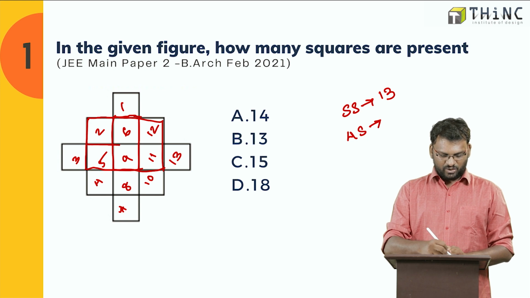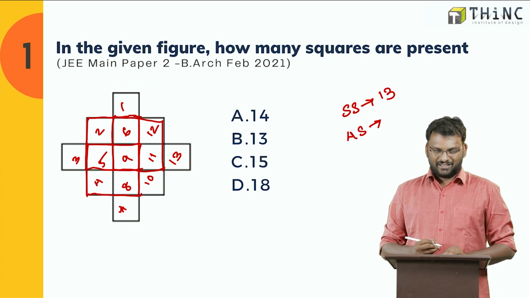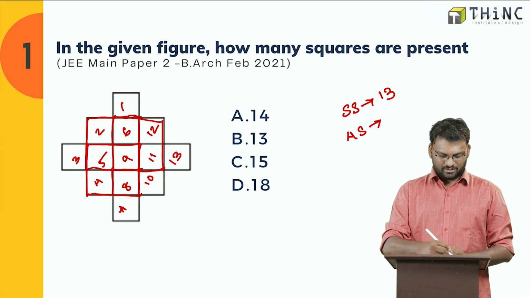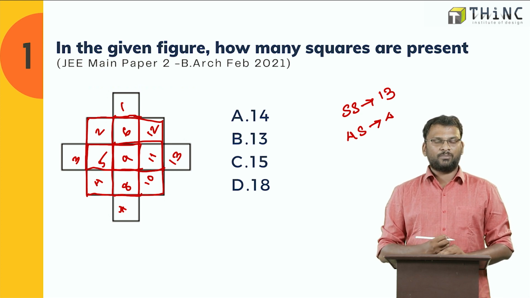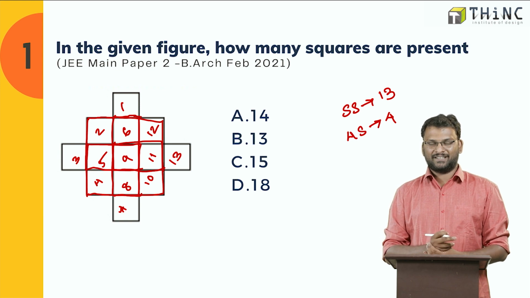Similarly, you can find one more over here. So now we have reached three 4 component squares. So the next one. So in total, we have finished all the 4 component squares over here.